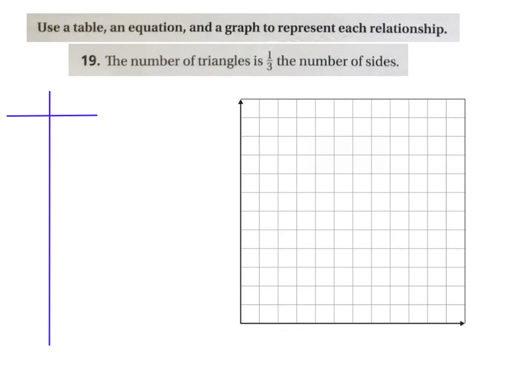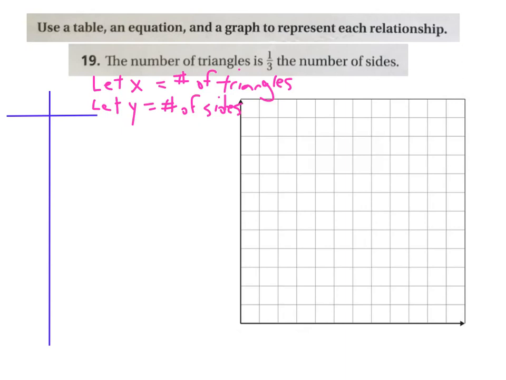Okay, here we go. Use a table, an equation, and a graph to represent each relationship. The number of triangles is 1/3 the number of sides. So, it's a standard way of writing it, let x equal the number of triangles and let y equal the number of sides.